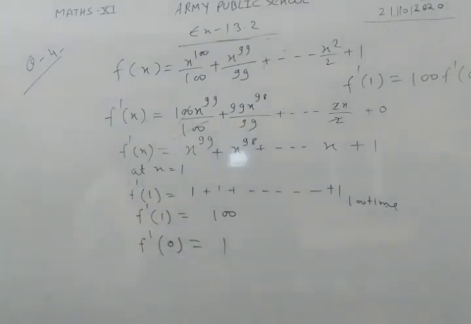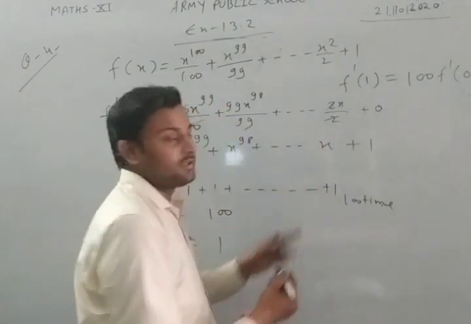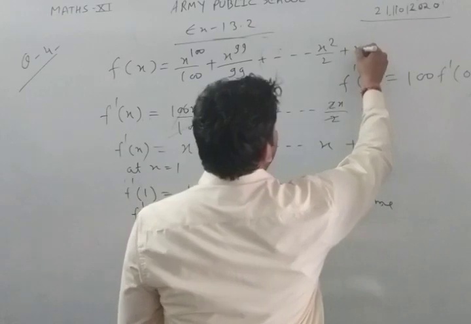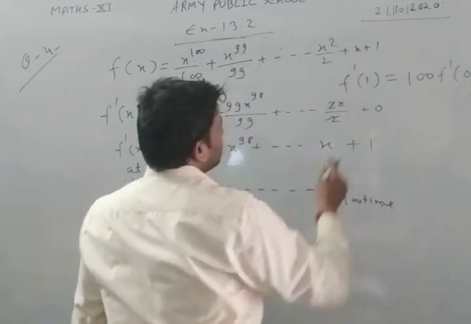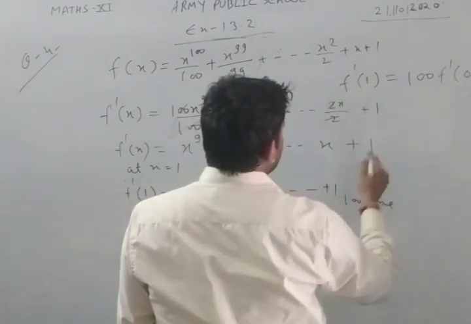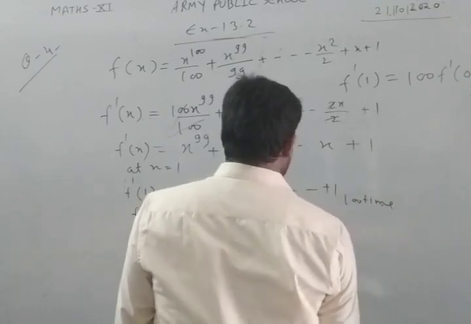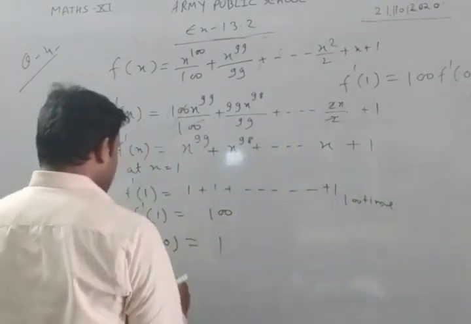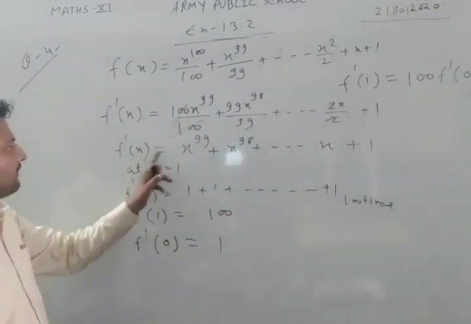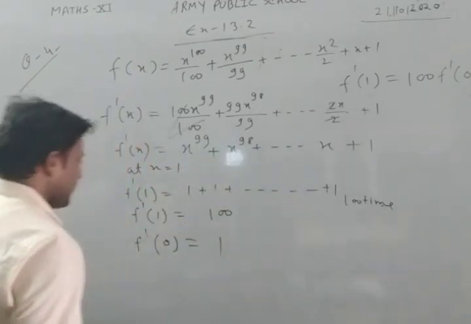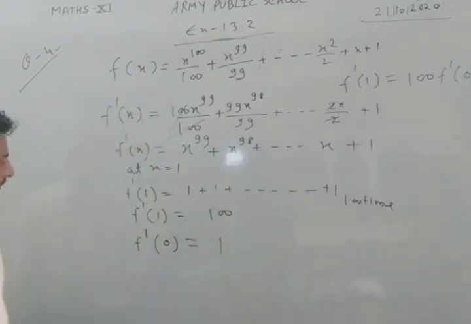Now here is a small mistake. Here is x and plus 1. So after differentiating we get 1 and the 100 terms. This is f dash 0 is what? We are putting 0, this is 1. f dash 0 is 1.